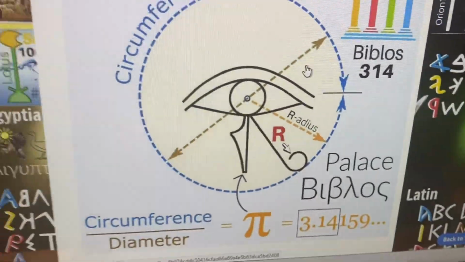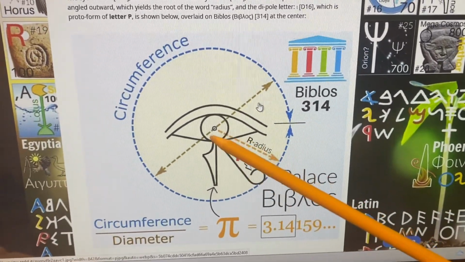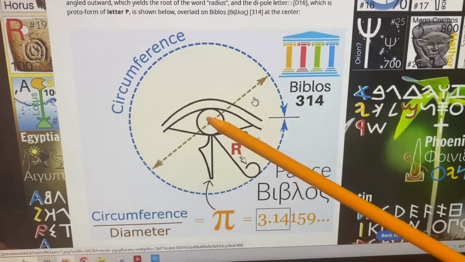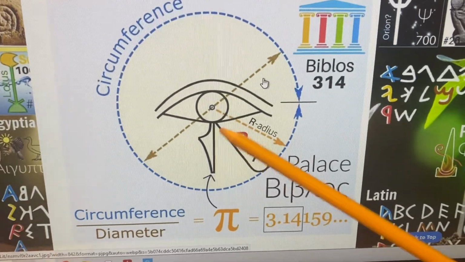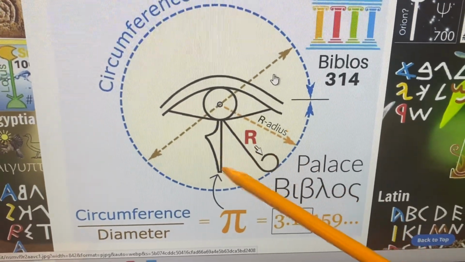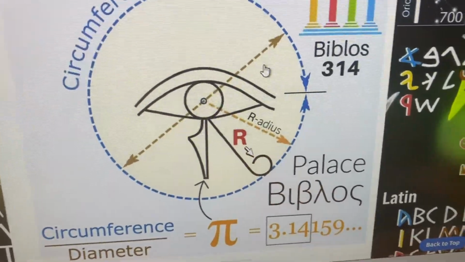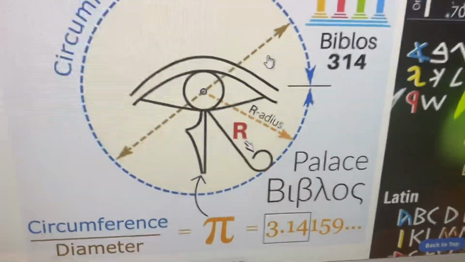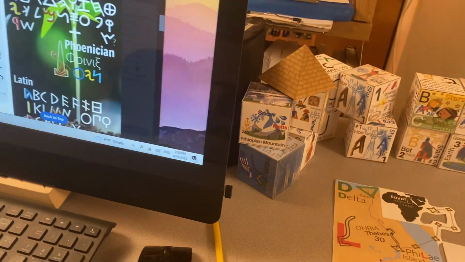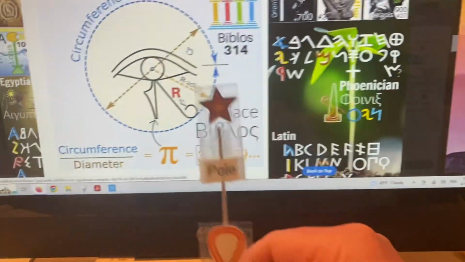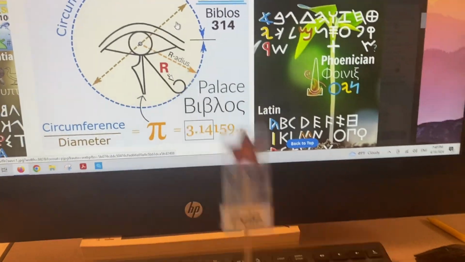And here we see the Eye of Ra located over Byblos, which is at the center of the Teal map. This is a ram horn. This is letter P. So this vertical part right here is the Polaris pole, which is always vertical.